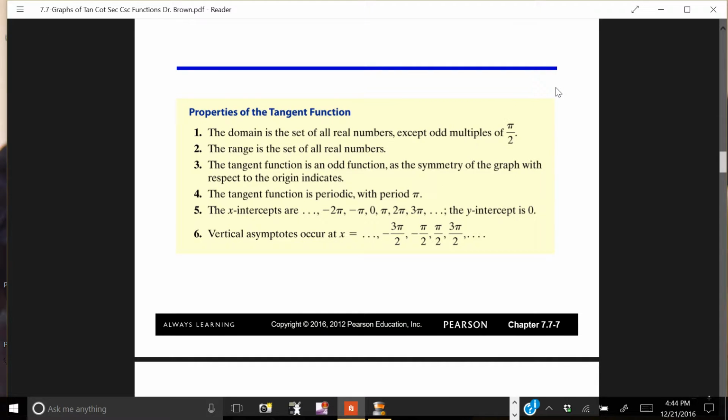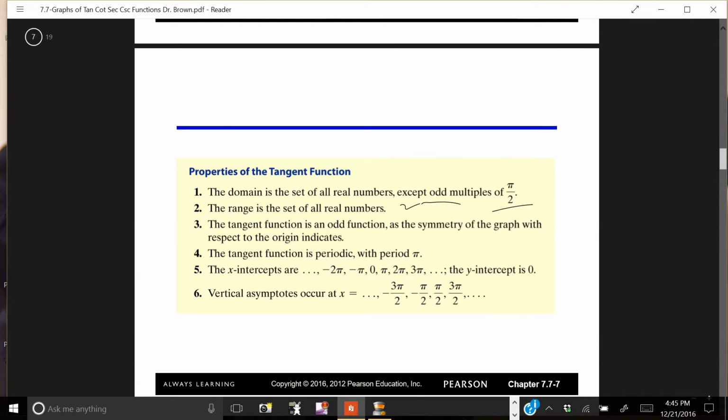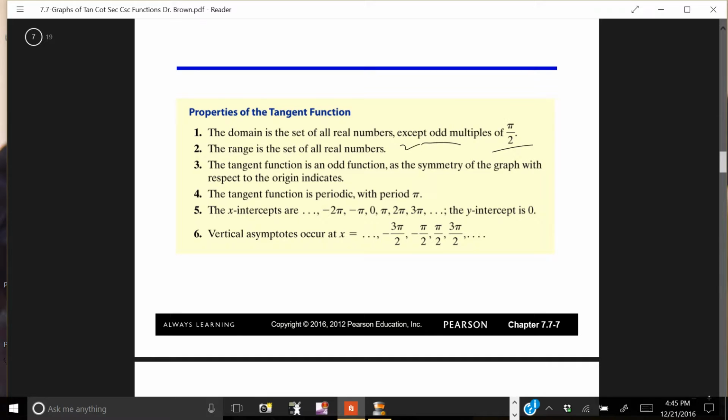So summarizing the properties of the tangent function, the domain is the set of all real numbers except odd multiples of pi over 2. The range, though, is the set of all real numbers because, remember, the y value can take on values from minus infinity to plus infinity. The tangent function is an odd function.